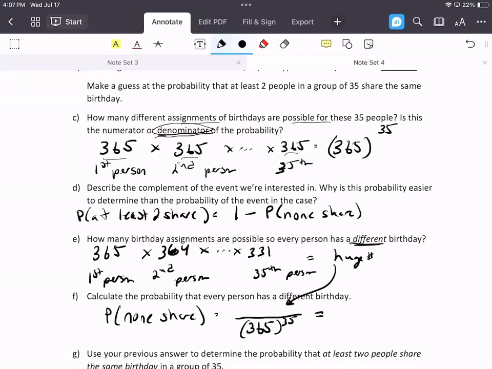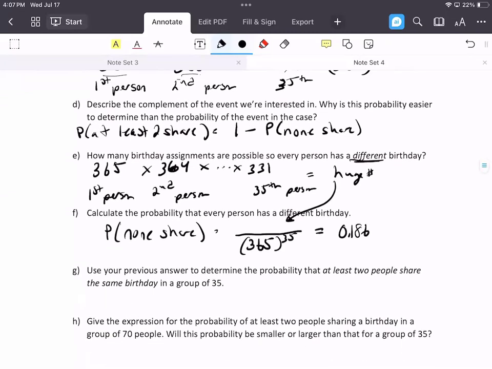Now, you may think, well, what kind of number are we going to come up with? Well, it ends up being 0.186. Don't worry too much about the numbers here. I'm focusing on concepts. So now we want to use your previous answer to determine the probability that at least two people share the same birthday in a group of 35.